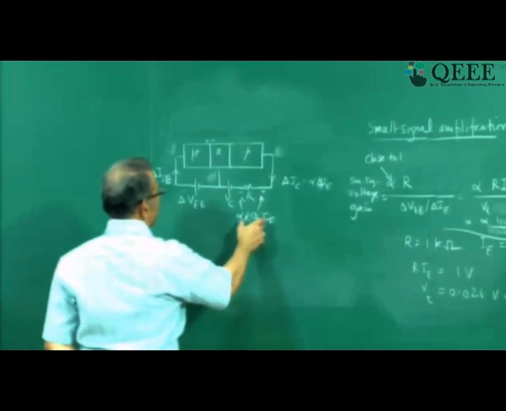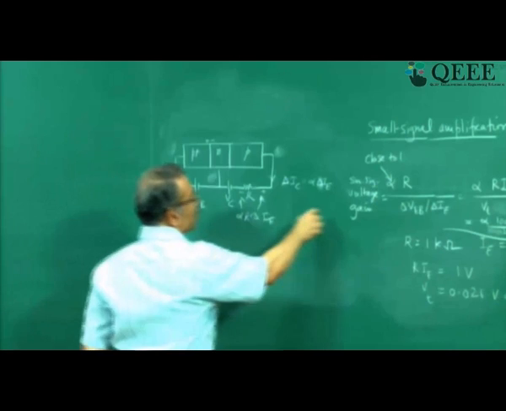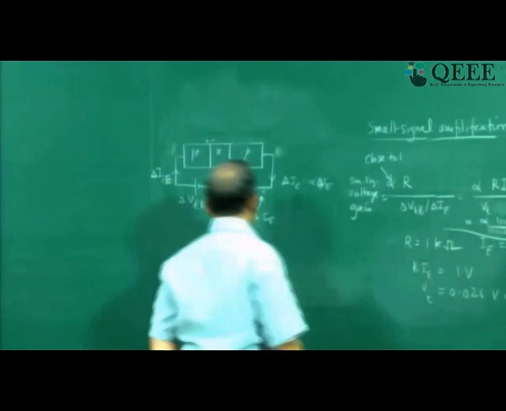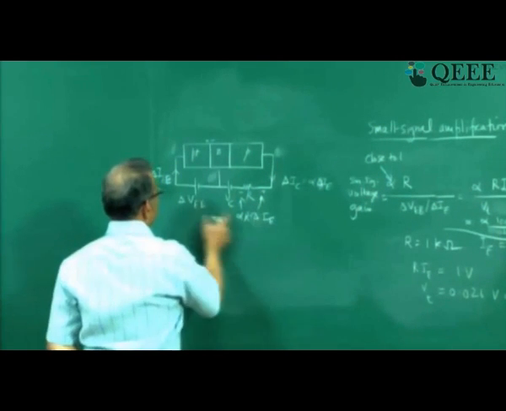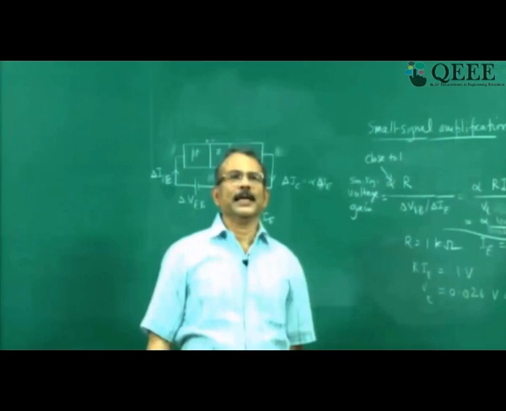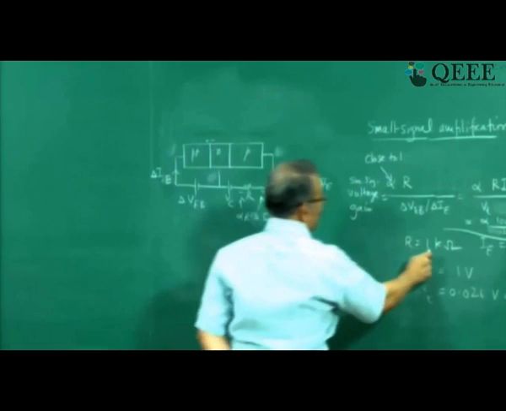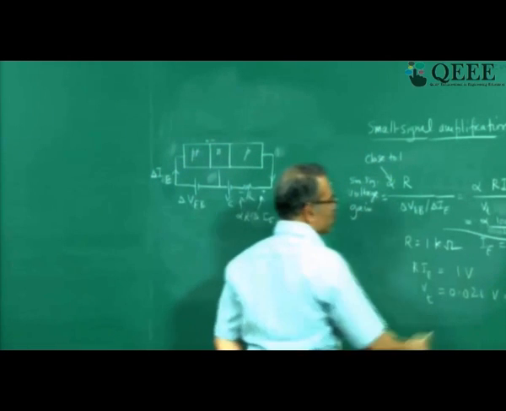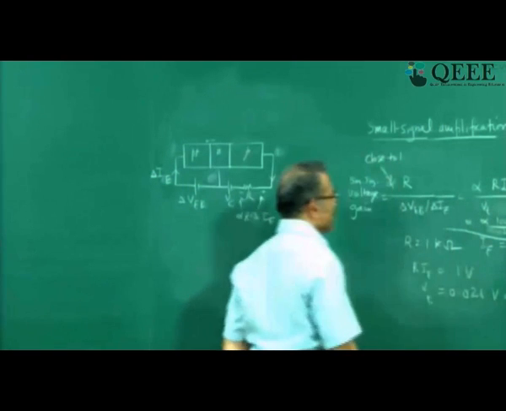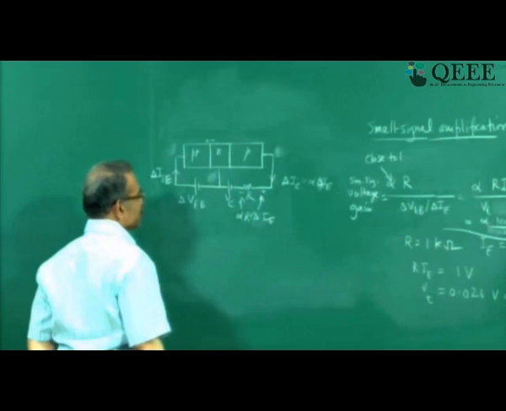Now you are going to compare this and this, and as we have shown by calculation here, this divided by this is much more than 1. We have got a value of about 40, if I choose R of 1 kilo ohm, at room temperature 300 K, and if the current IE is 1 milliampere DC current.